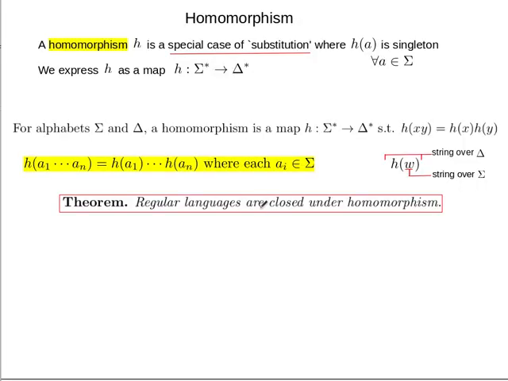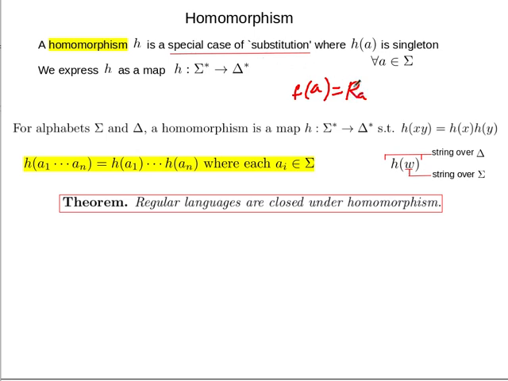Now homomorphism, as I said before, is a special case of substitution. So what is the special case? In substitution, f of a was some regular language L_a, right? So there is a set.